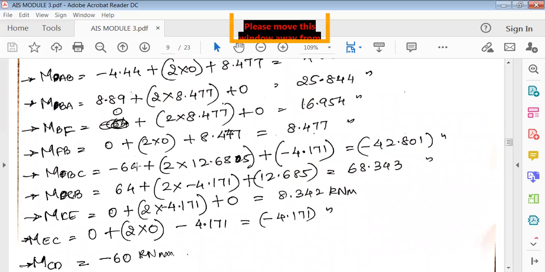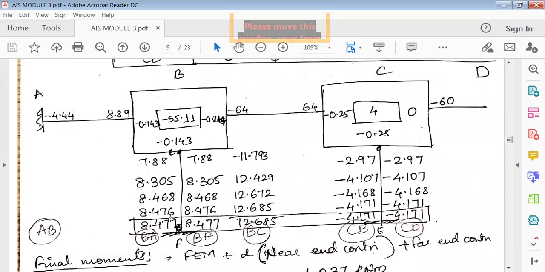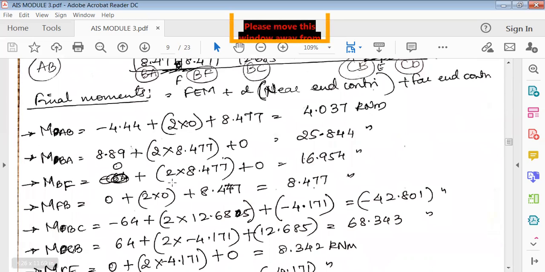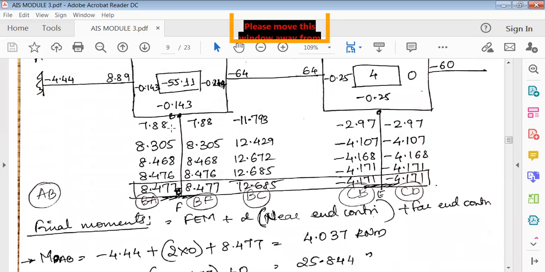Now, for example, I'll tell you about BF, that is a column. How to write this down: in BF, first the fixed end moment of BF is 0 because there are no moments, plus 2 times near end. Again for BF, the near end we have calculated, it is 8.47. There is a lot of difference between BF and FB.